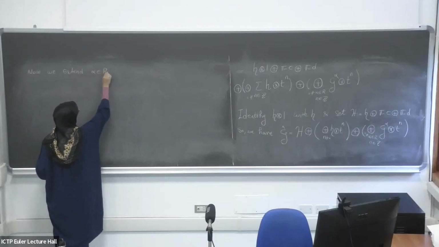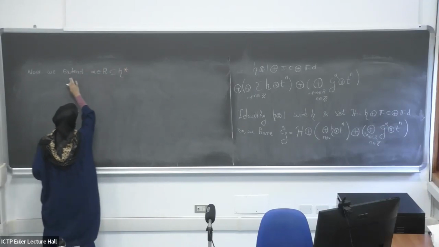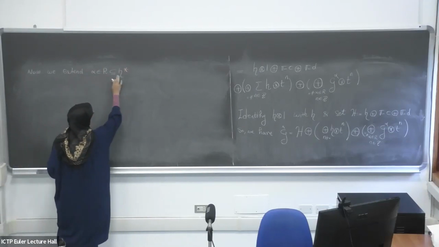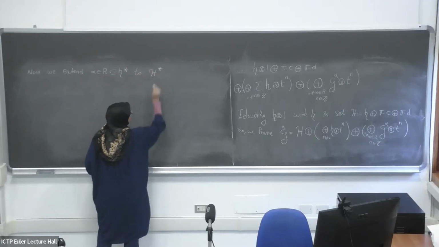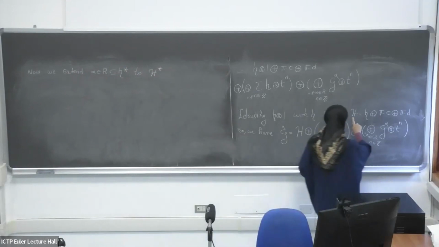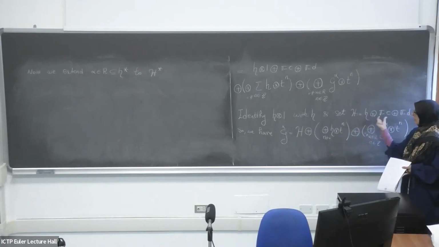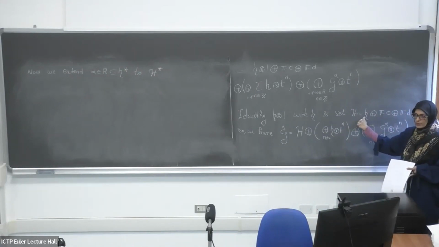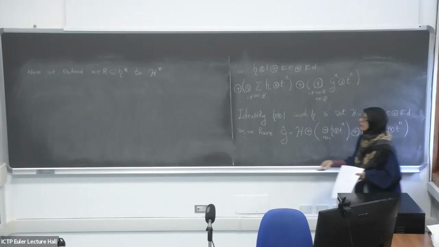Alpha is an element of R, and R is a subset of H star. We extend alpha as an element of H star to H hat star. Compare H and H hat, the capital H and the curved H. We have FC and FD here. And alpha is an element of H star. I can extend it to an element of the dual space of H hat just by mapping C and D to 0. Okay?